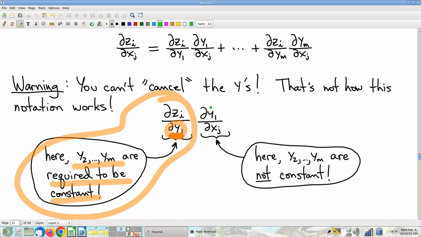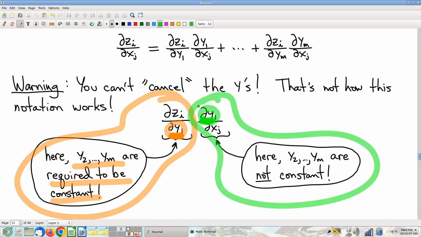So this thing here is, again, part of a story. This is part of a scenario where we're computing this partial derivative, and in which story these y variables are not constant. So this is two different stories. And you can't compare or relate the participants in two different scenarios as if they're the same thing.